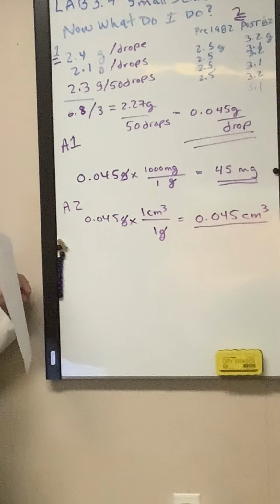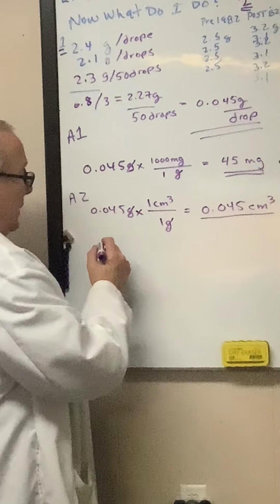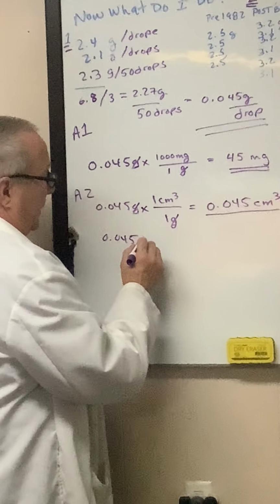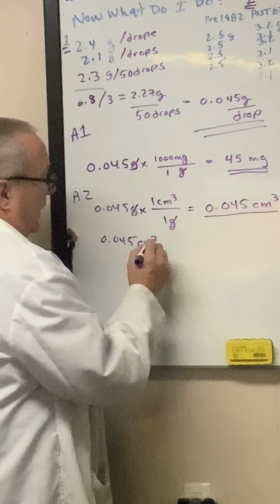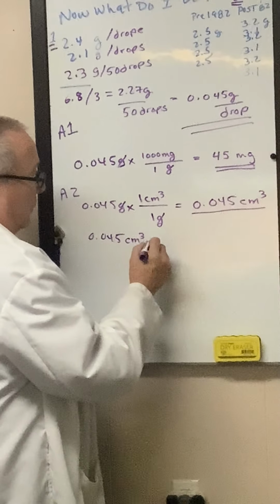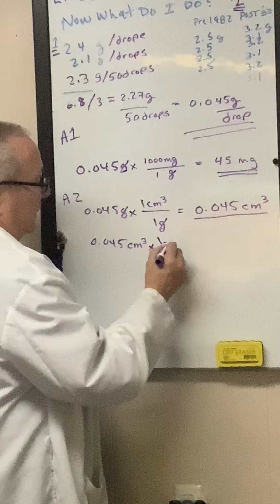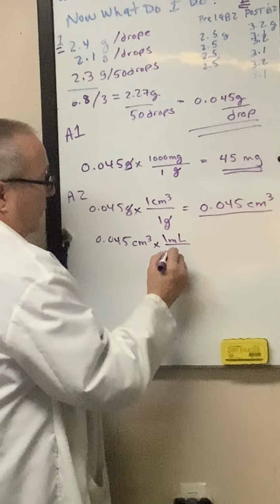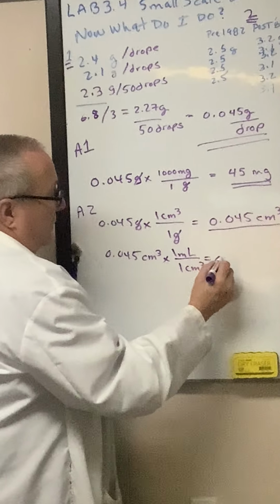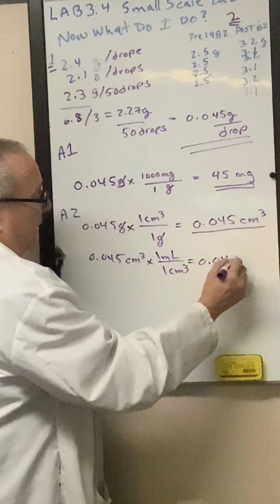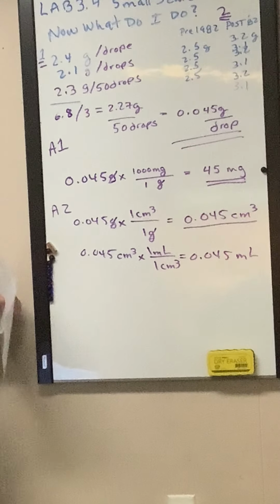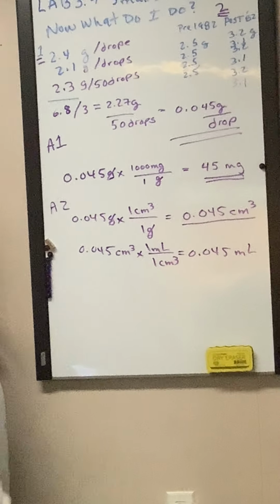Okay. And if I have 0.045 cubic centimeters of water, and I want to convert that to milliliters, as the question asks, I multiply it times 1 milliliter per 1 cubic centimeter. And again, it's 0.045 milliliters. Okay? And here's why.